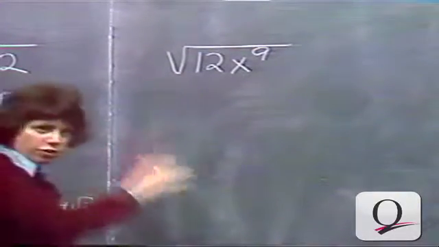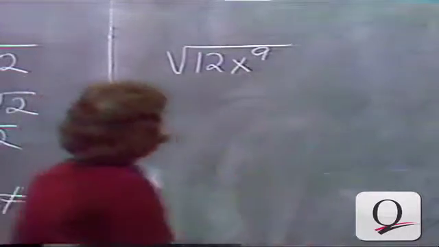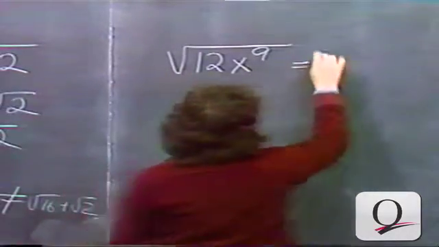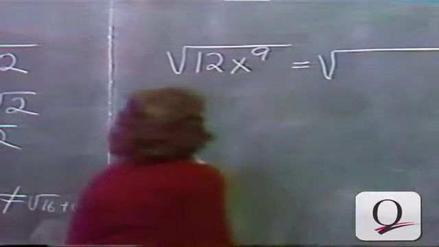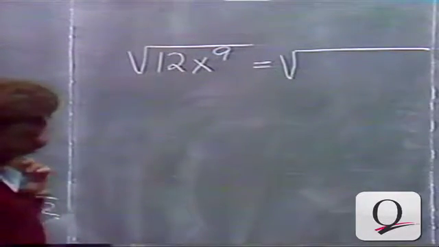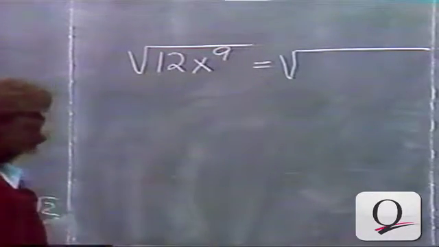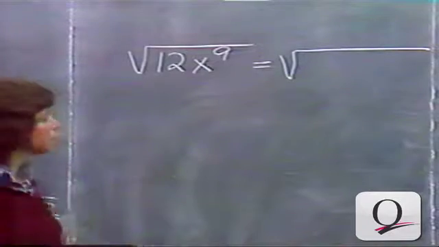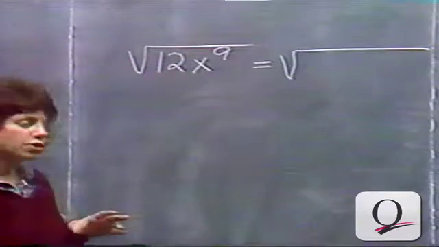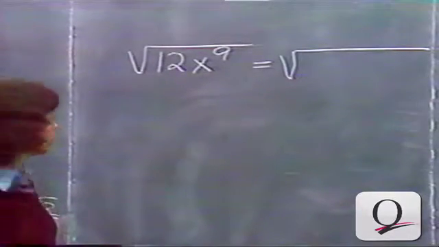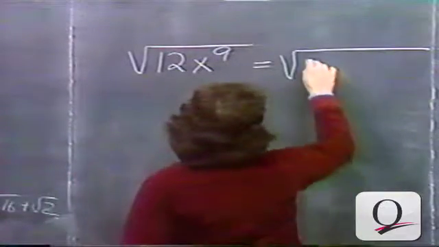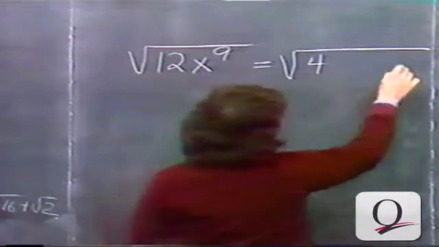We want to break it up into a perfect square factor and then see what's left over. Okay, now, first we worry about the 12. Well, 12 can be thought of as 2 times 6. That doesn't much help us. 4 times 3, that's good because we have a perfect square factor. So we'll write that as 4 times 3.